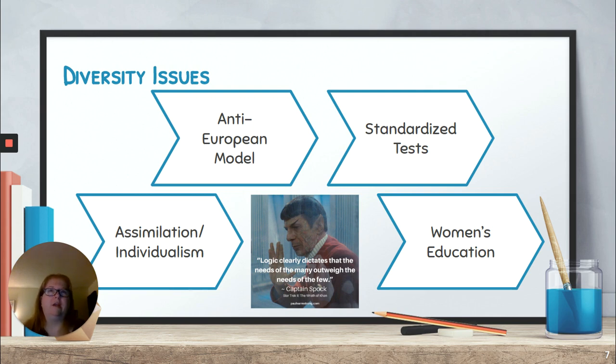He was a proponent of education for all, so that we all become well-educated, moral citizens who could vote and participate in democracy. That is definitely more of a diversity support issue than the assimilation part.